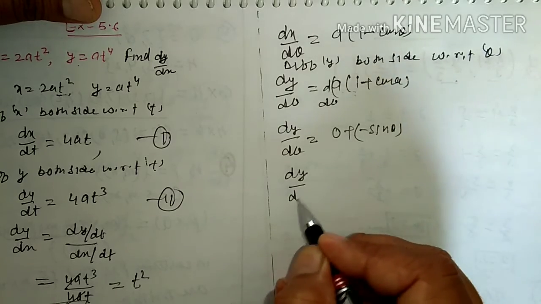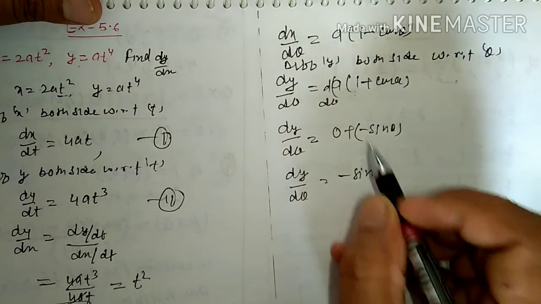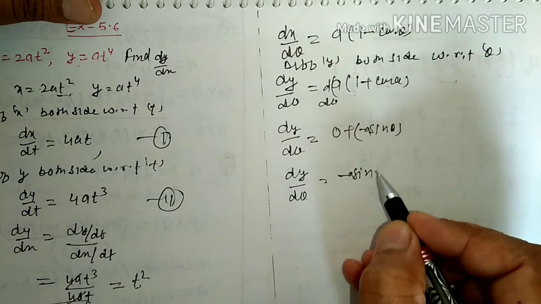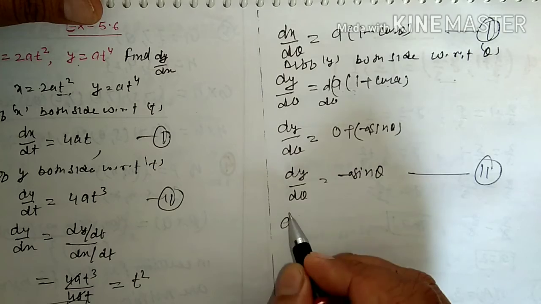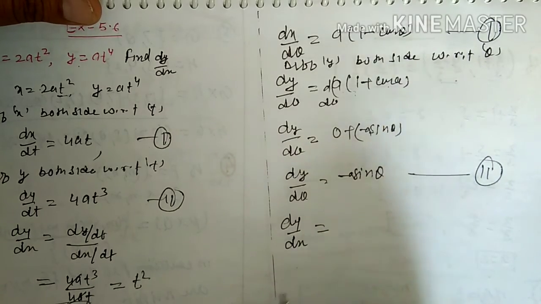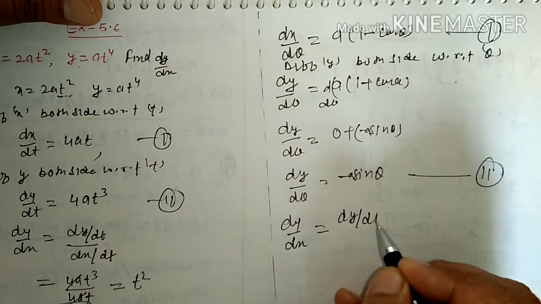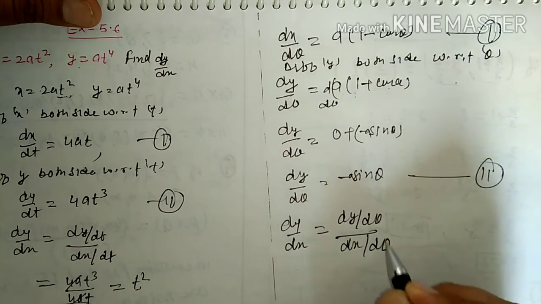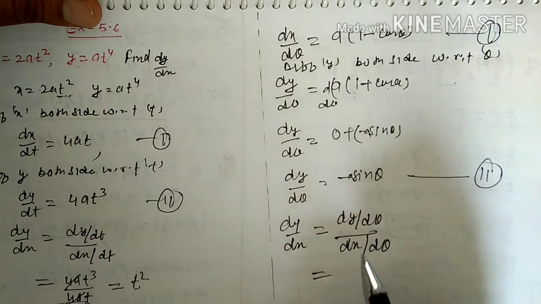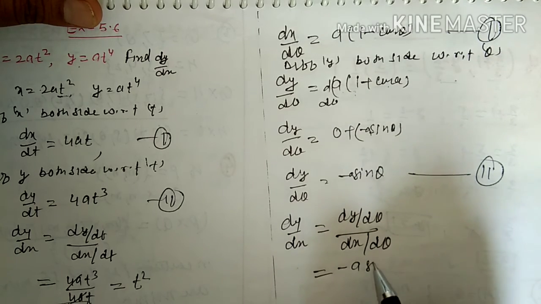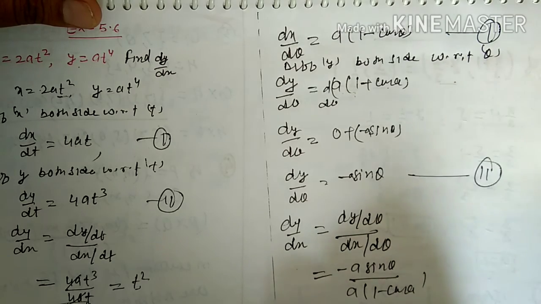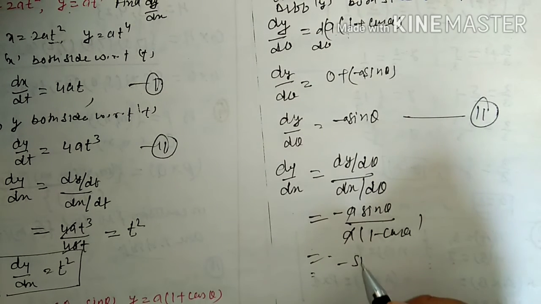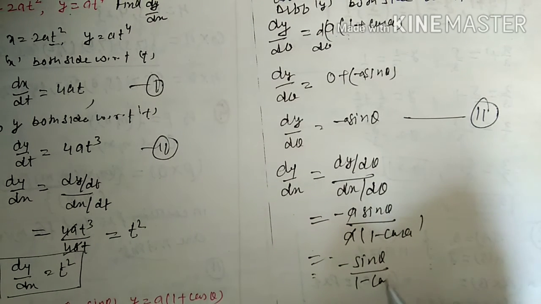So finally dy upon d theta is equal to minus a sin theta. Clear? This is equation first and this is equation second. So we have to find dy upon dx. We can find dy upon dx as dy upon d theta divided by dx upon d theta. Putting the values of equation first and second, we have minus a sin theta upon a times 1 minus cos theta. So a cancels out, and our answer is minus sin theta upon 1 minus cos theta.